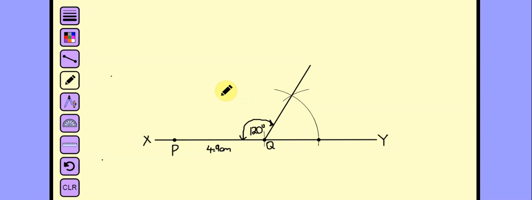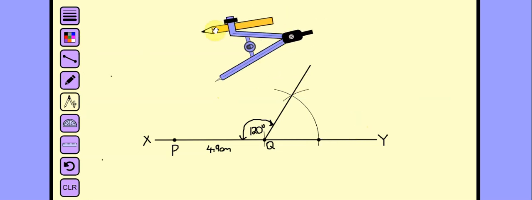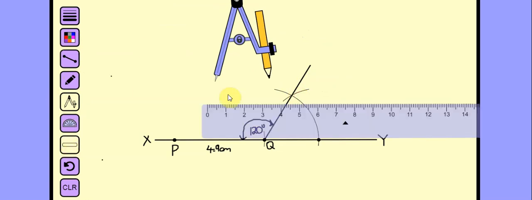So there we now have our length PQ, and we now have our angle Q. The final part of this puzzle is to mark off the length of QR, which is 3.6 centimeters. So we are going to open our pair of compasses to 3.6 centimeters.